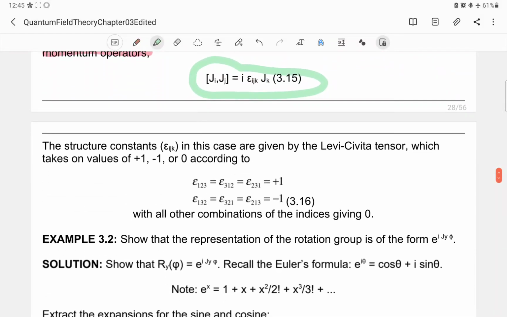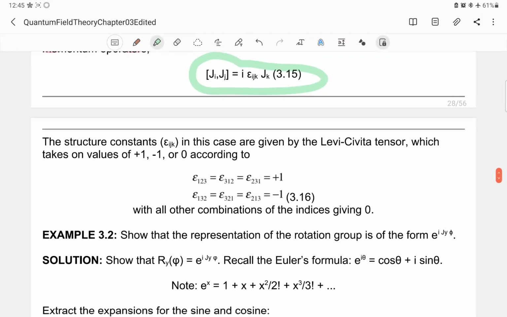For that Lie algebra, the structure constants epsilon ijk are in that case just the Levi-Civita tensor, which takes on values of +1, -1, and 0 according to these rules given by 3.16.